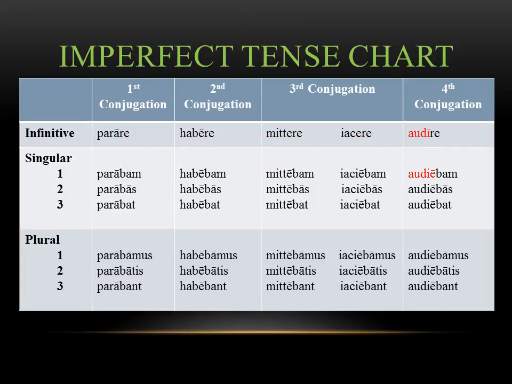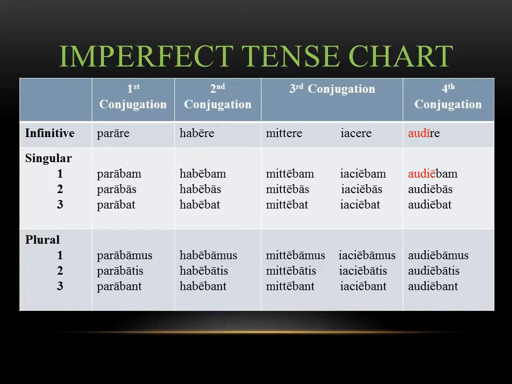In the fourth conjugation we also want to take note. The stem would be AUDI if we go to audire and drop the RE. But again, look what happened in the imperfect. There's a long E that has slipped in there, so it's audiebam. So in this sense, the fourth conjugation is acting like a third conjugation IO.